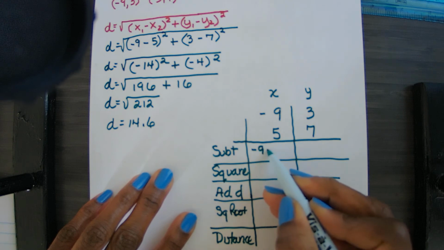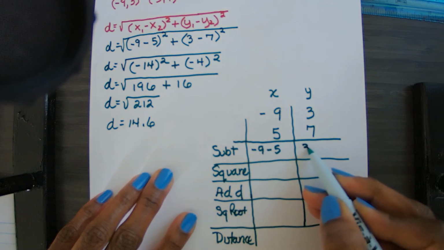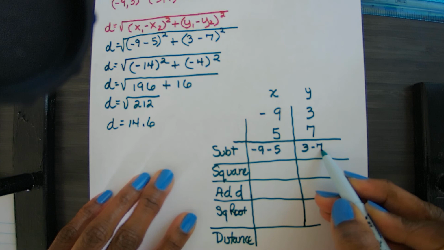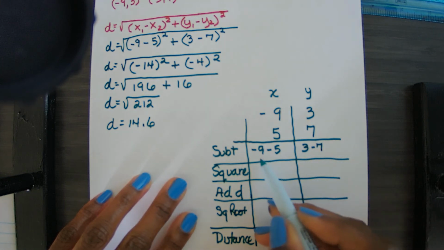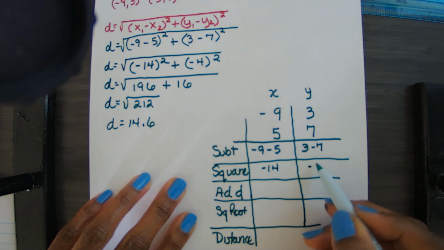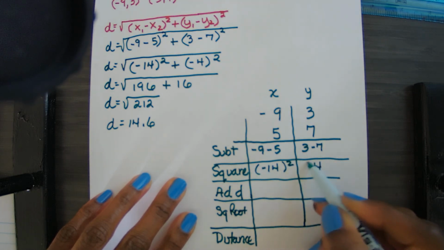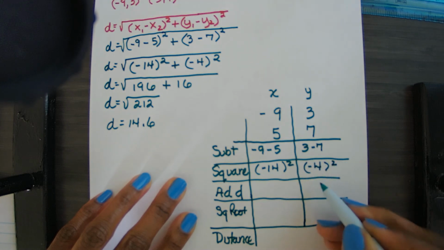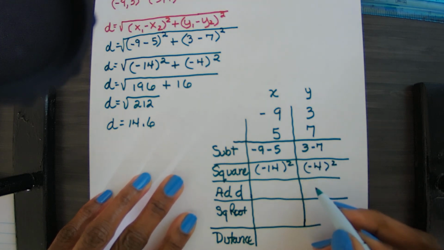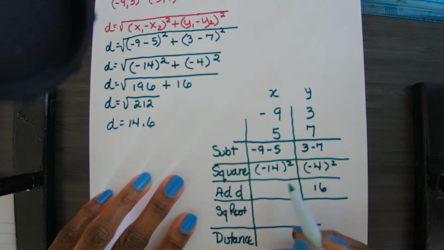Negative 9 minus 5, 3 minus 7. Right here, you're going to get negative 14, and you're going to get negative 4. Then you're going to square them. That's going to give you positive 196 and positive 16.